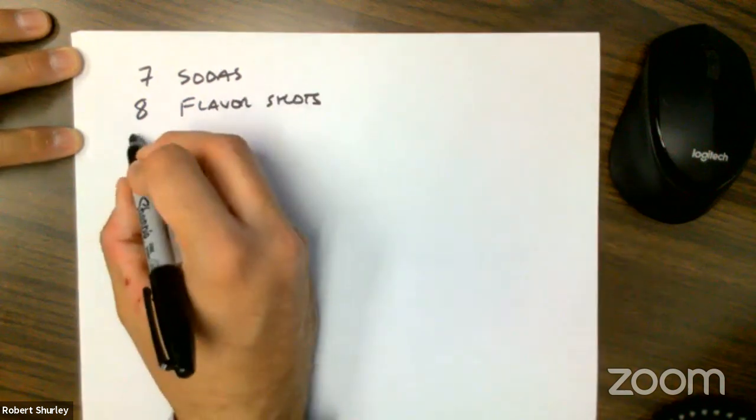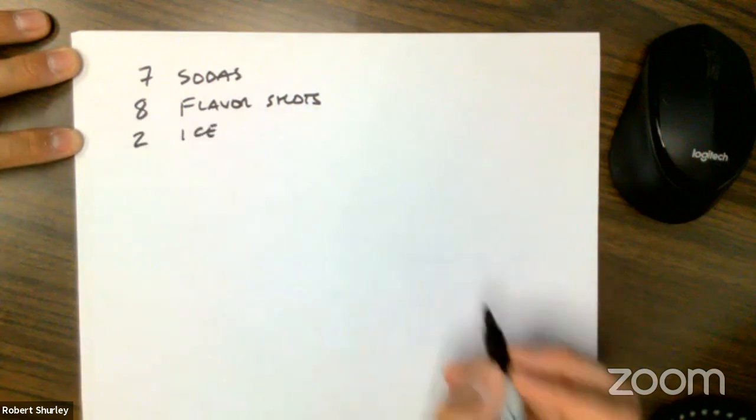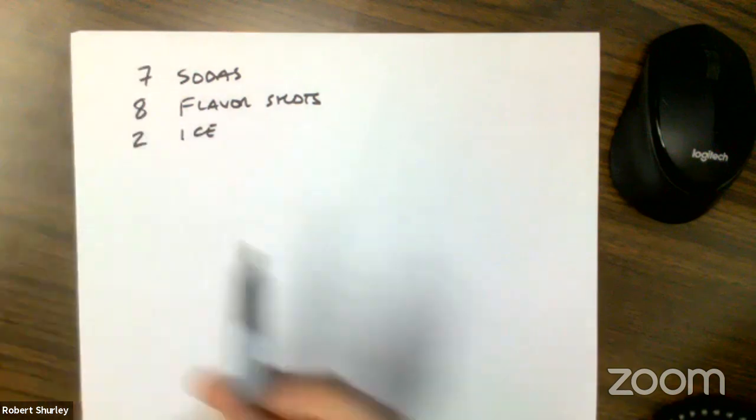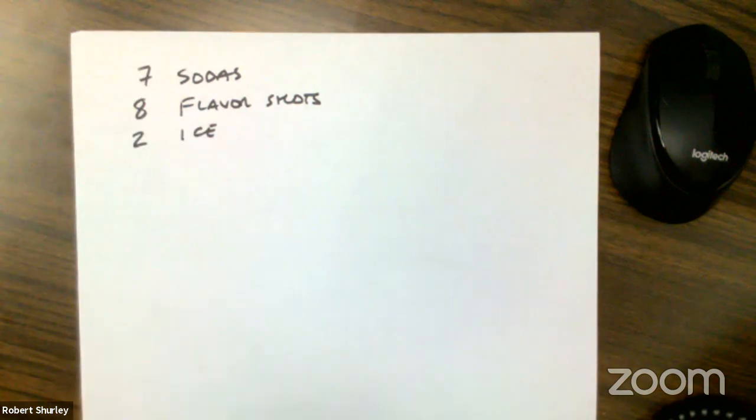And then we've got 2 ways we can do ice: either ice or no ice. I've got to choose one of each of these, so we're not going to be mixing sodas or mixing flavor shots, which they calculated into their number, which makes sense.